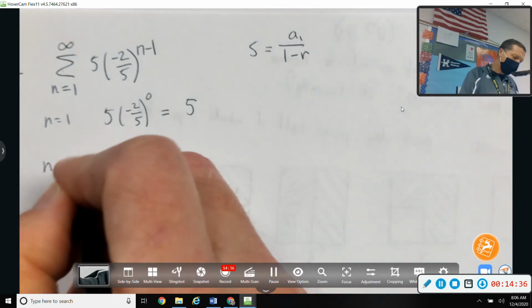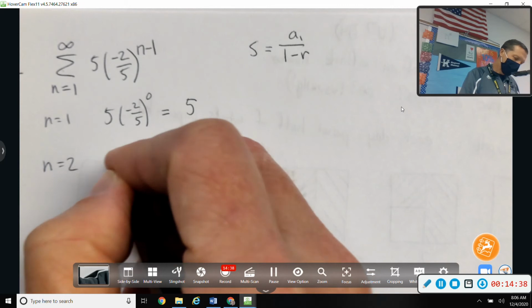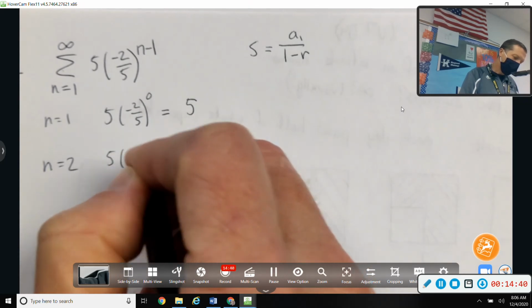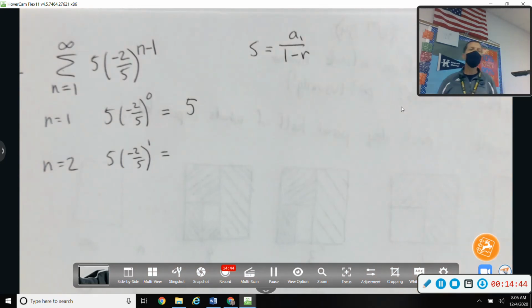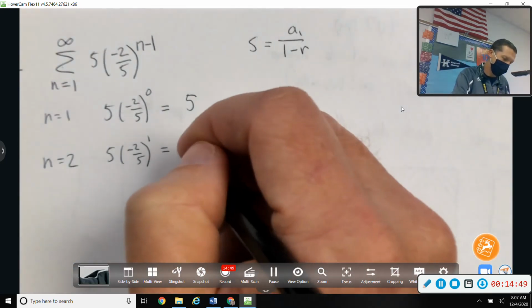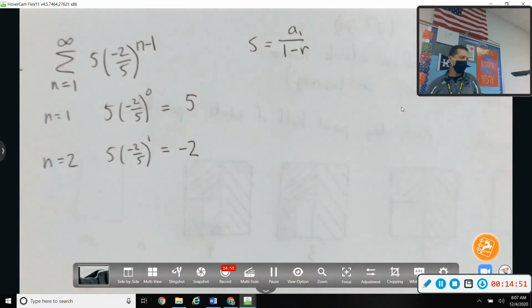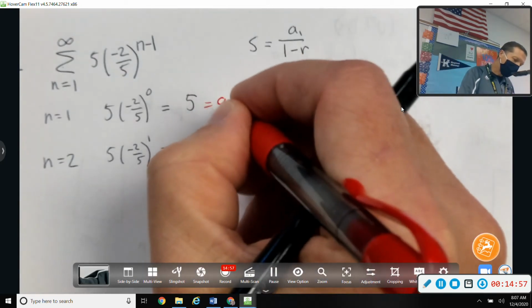The second term would be 5 times negative 2/5 to the first. Well, that's not too bad because the 5's cancel and we're left with negative 2. So I've got a1.